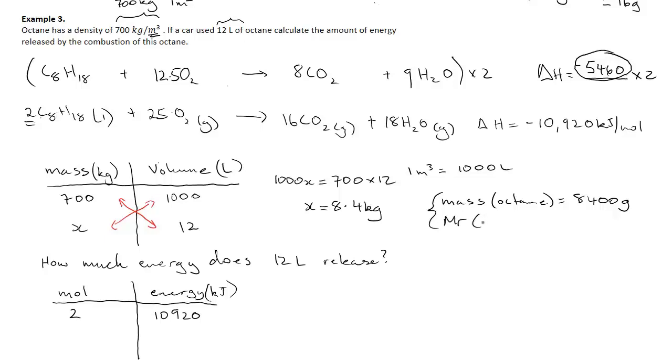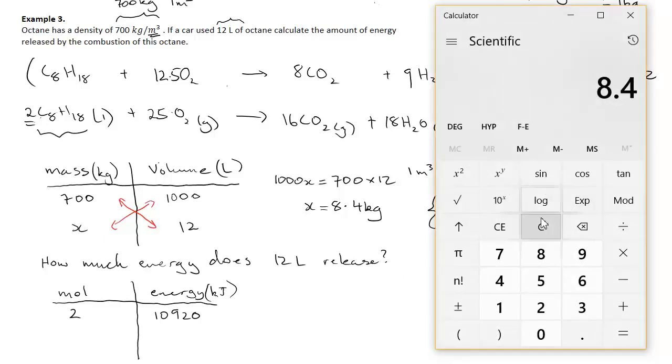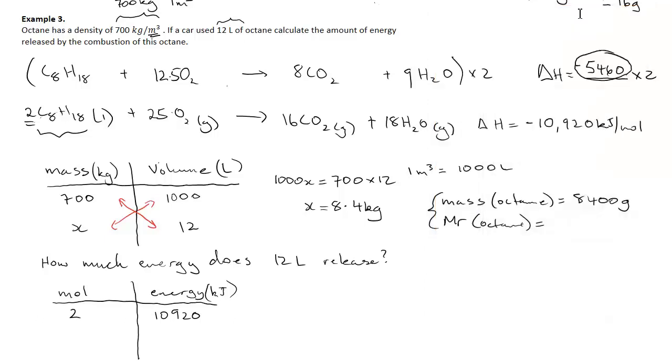You can calculate the molar mass of octane just by looking at the formula. So you have 8 carbons, so 8 times 12, plus 18 hydrogens. It's 114. So that's the molar mass of octane, 114 grams per mole. And then from that we can work out the mole of octane.